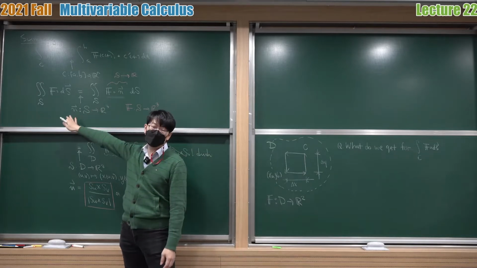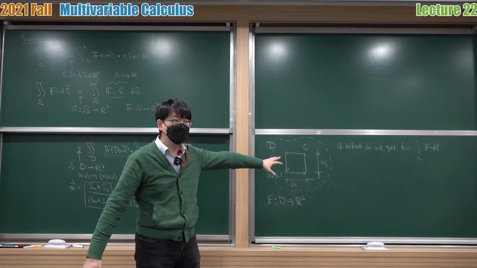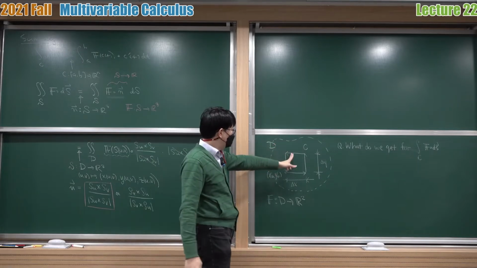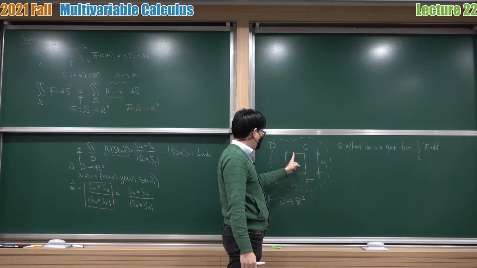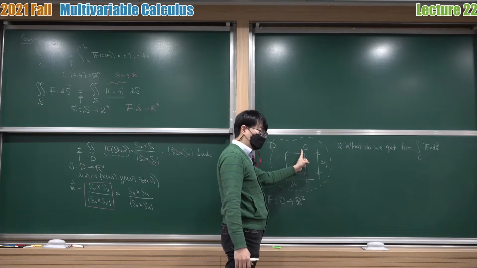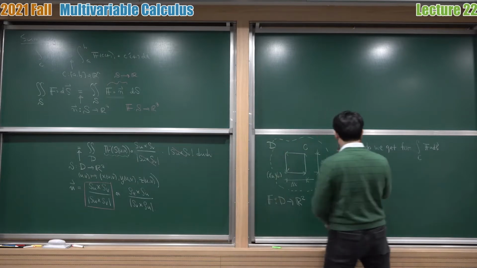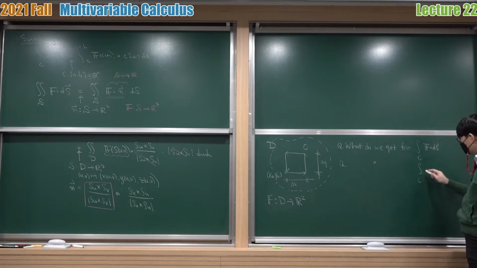Here we talked about the flux over the surface, but we can also think about the flux over the curve, simply meaning that we want to measure how much vector field is flowing outward to the closed curve C. So another question is, what do we get for this?